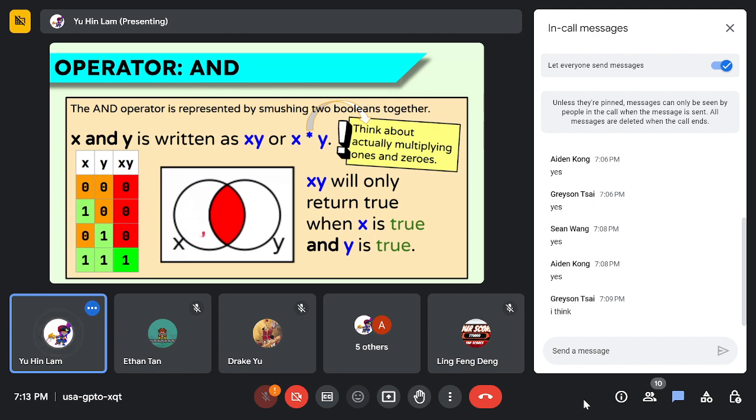For our first one, 0, 0, or false, false, it's these two white areas, and since they're not in this red area, it returns false. Our x is in this middle area, but our y isn't, so it returns false since they're not both in this area. So the main idea is that x and y will only return true if they're both true.